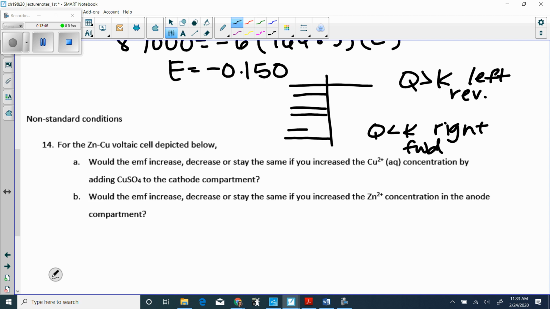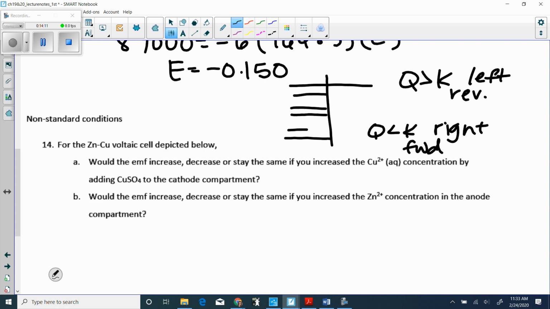The forward reaction in a voltaic cell is spontaneous. It's spontaneously producing electricity. The reverse reaction, if I switch these two around, is non-spontaneous. It would not occur. It would reduce the electricity. I'm not producing electricity anymore.